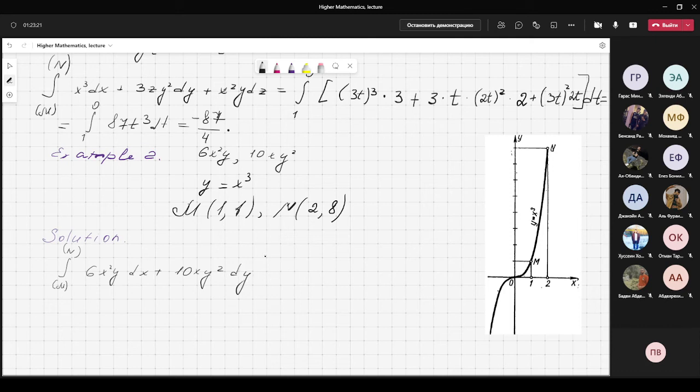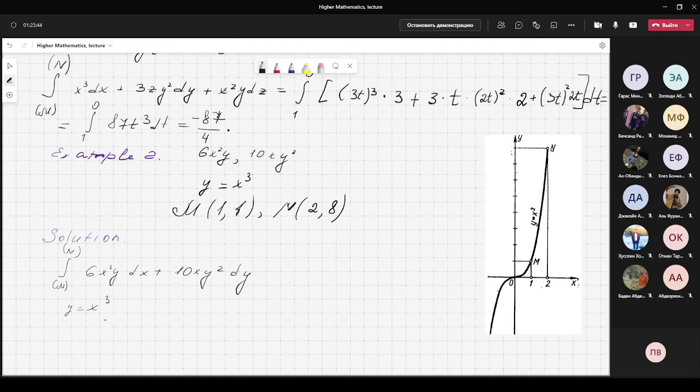We must have the parametric equation of the given curve. However, the explicitly defined equation of the curve y equals x cubed is a special case of the parametric equation.